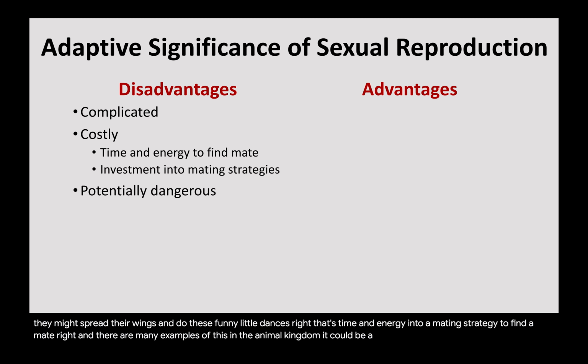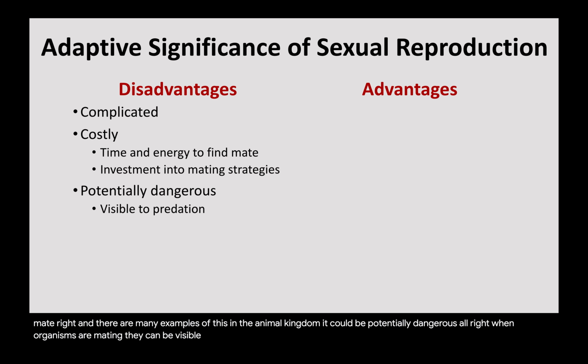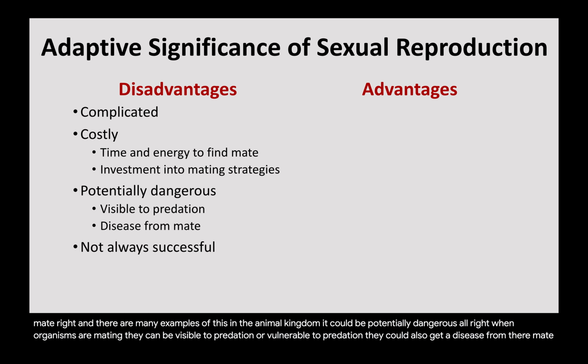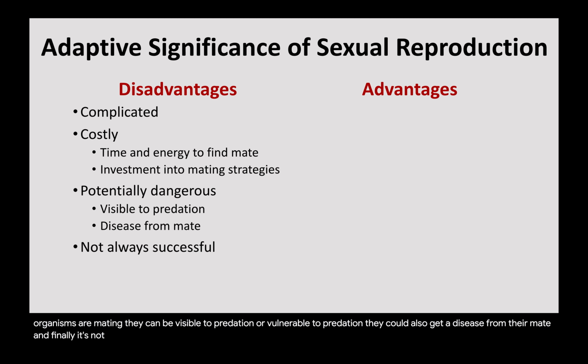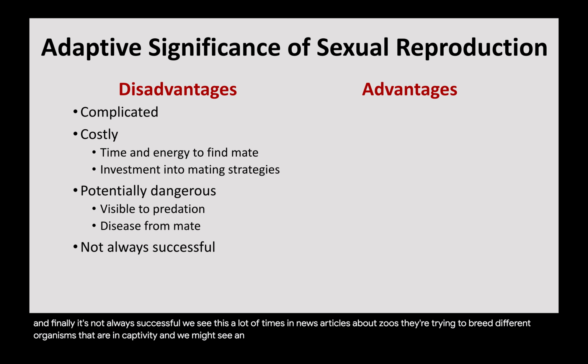It can be potentially dangerous. When organisms are mating, they can be visible to predation or vulnerable to predation. They could also get a disease from their mate. And finally, it's not always successful. We see this a lot of times in news articles about zoos that are trying to breed different organisms that are in captivity, and we might see an article that says, they're trying to breed this tiger and it's just not working.